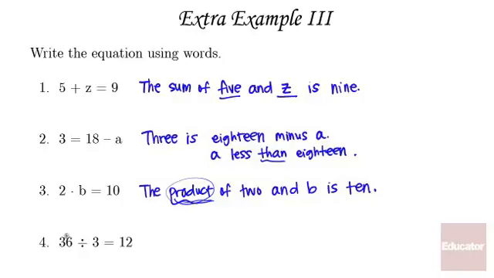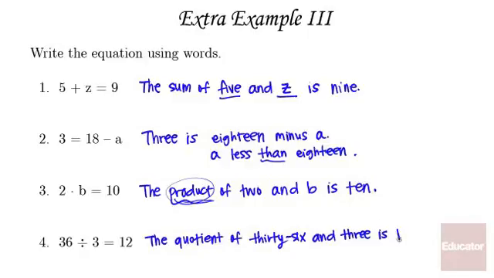And the fourth one, 36 divided by 3 is 12. Or I can say the quotient of 36 and 3 is 12.